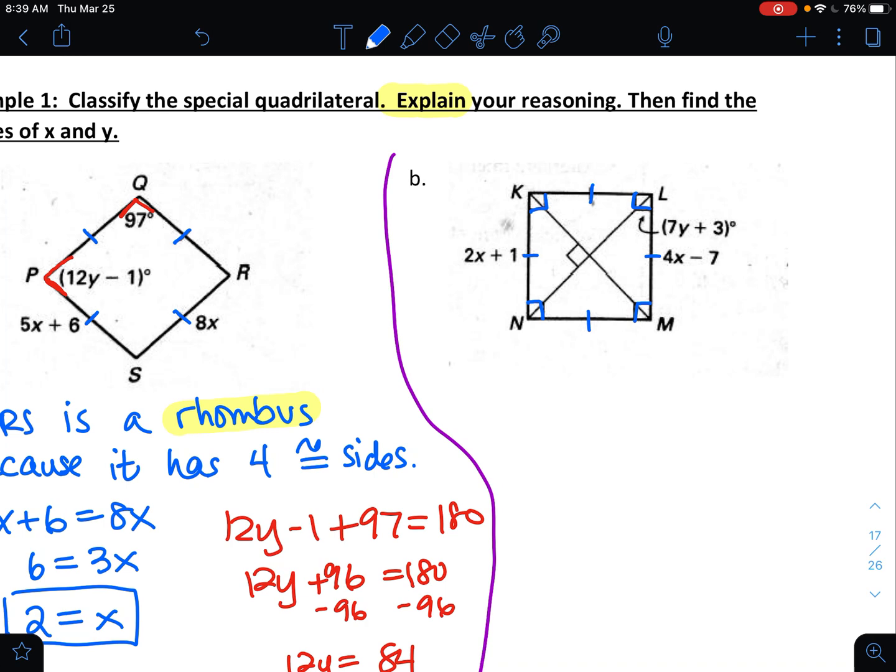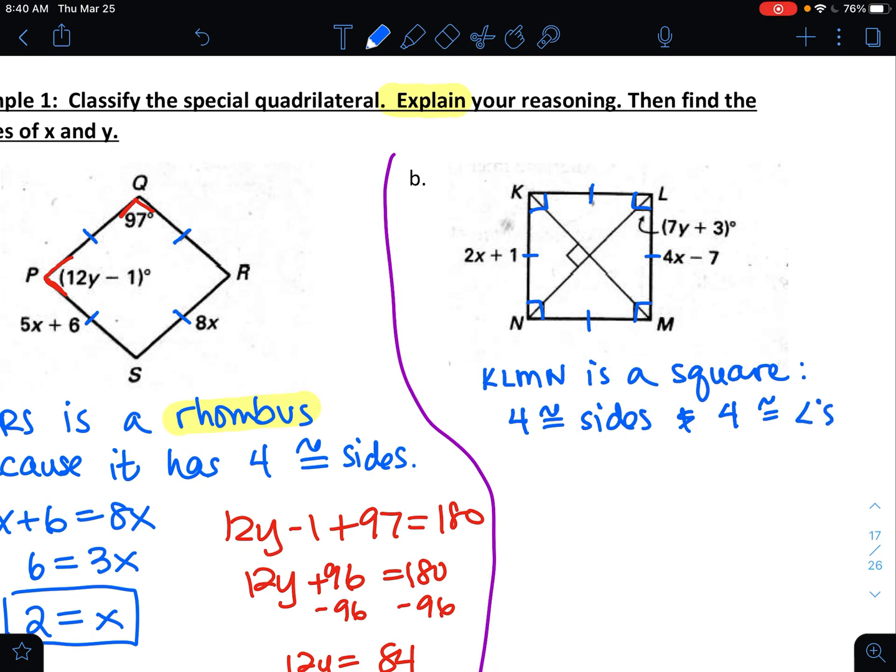So I'm going to summarize here: KLMN is a square, with a colon, four congruent sides and four congruent angles. I could also say because it's a rectangle and a rhombus, but I sort of explained what those were there.